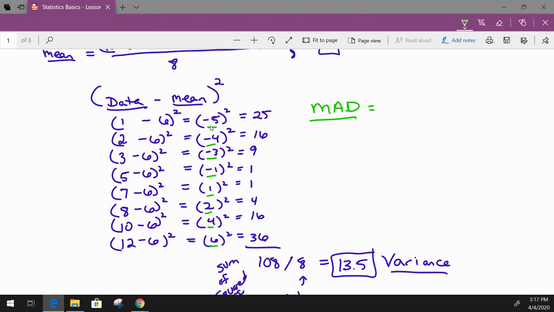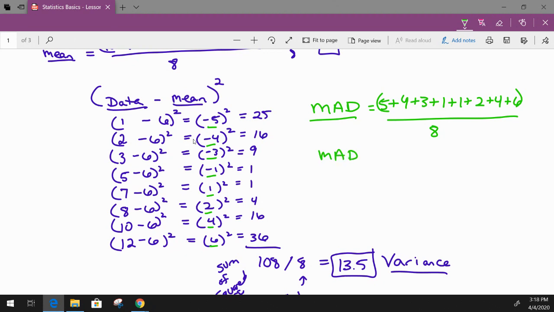So the absolute value of -5 is 5. The absolute value of -4 is 4. The absolute value of -3 is 3. The absolute value of -1 is 1. Absolute value of 1 is 1. Absolute value of 2 is 2. 4 is 4. And 6 is 6. So you take the sum of those values and divide it by 8.